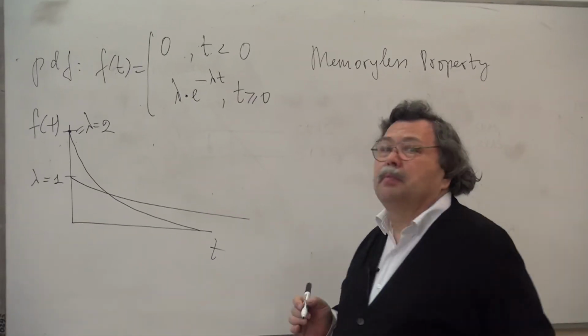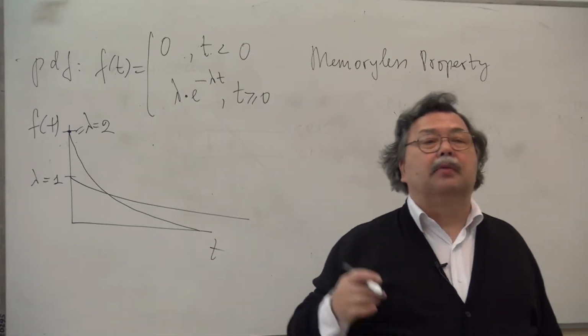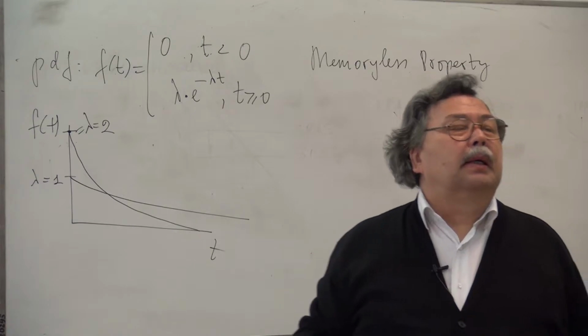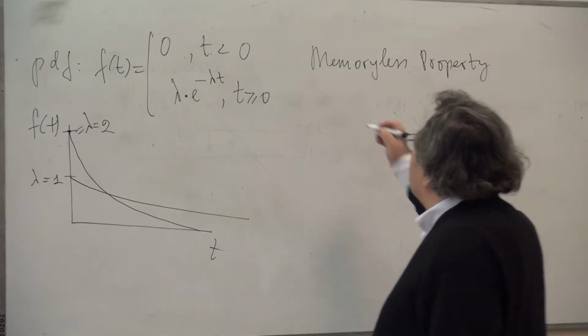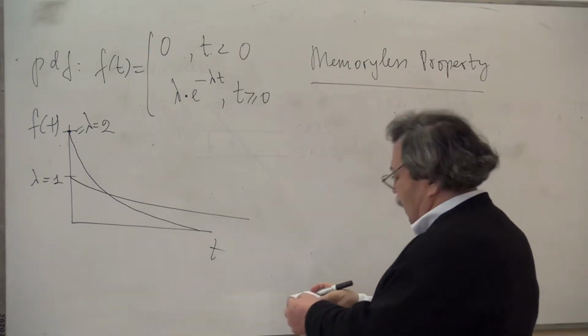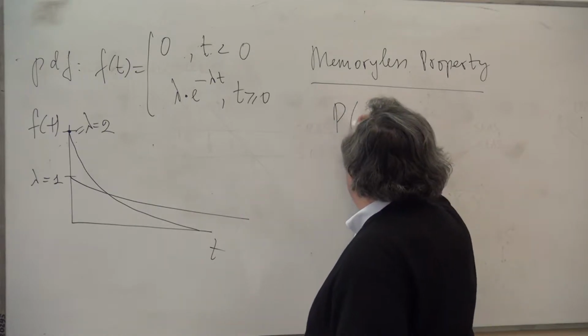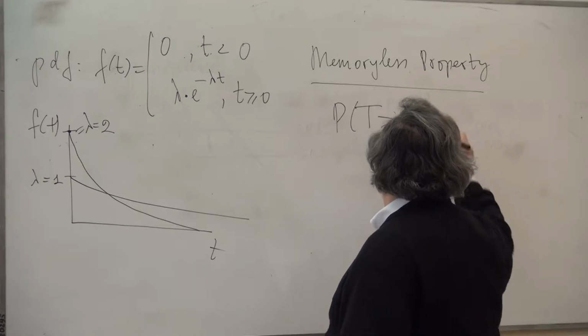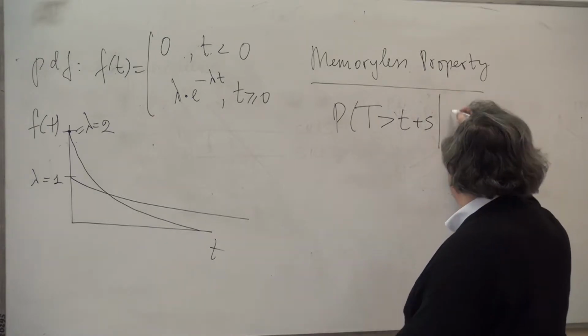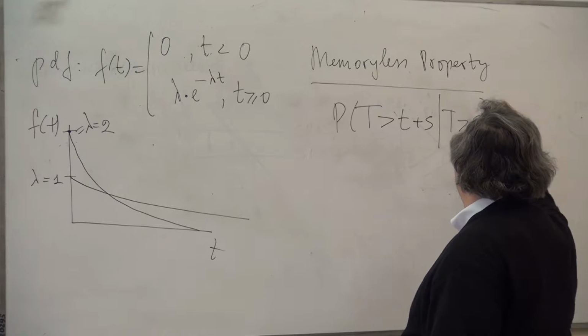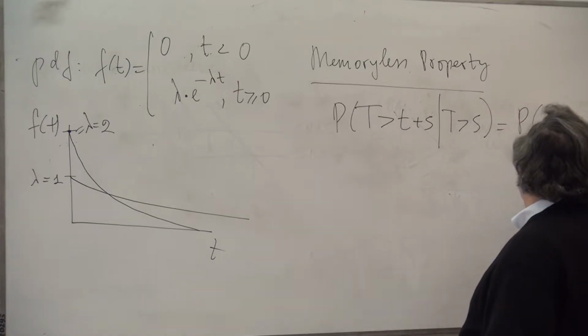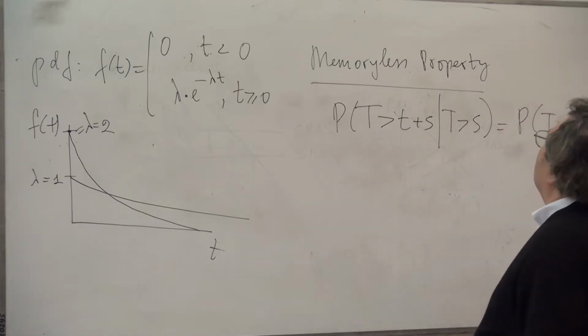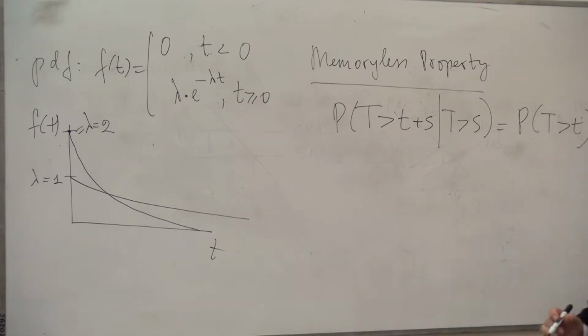The memoryless property, from the word memory. Memoryless. What does this mean? The probability that... let's try to understand what's written here.